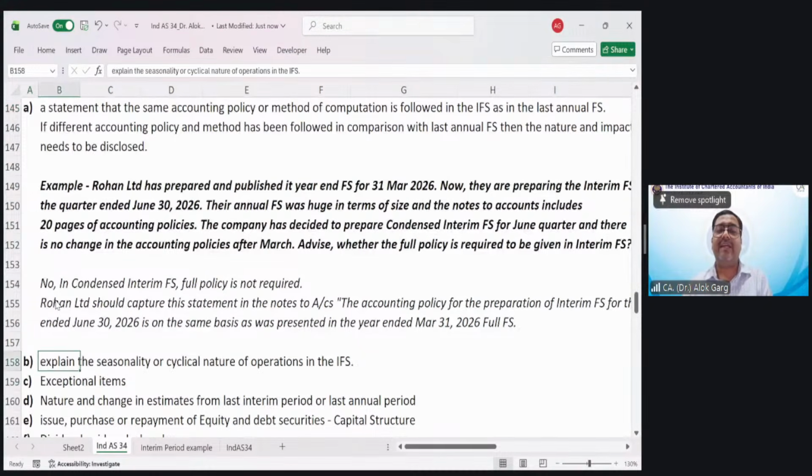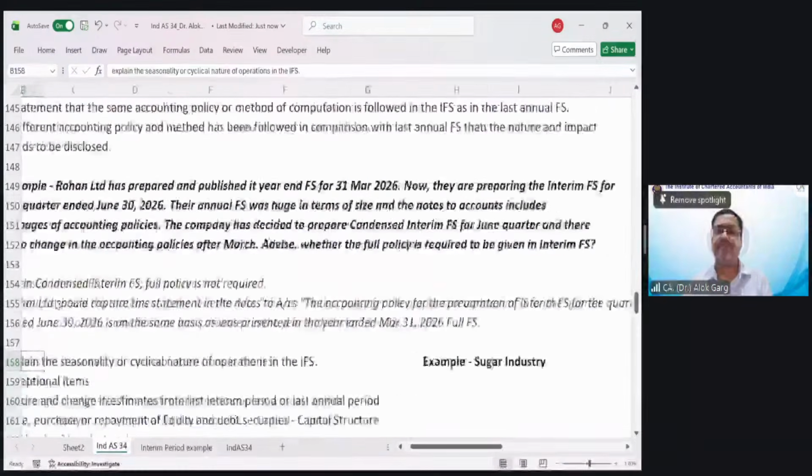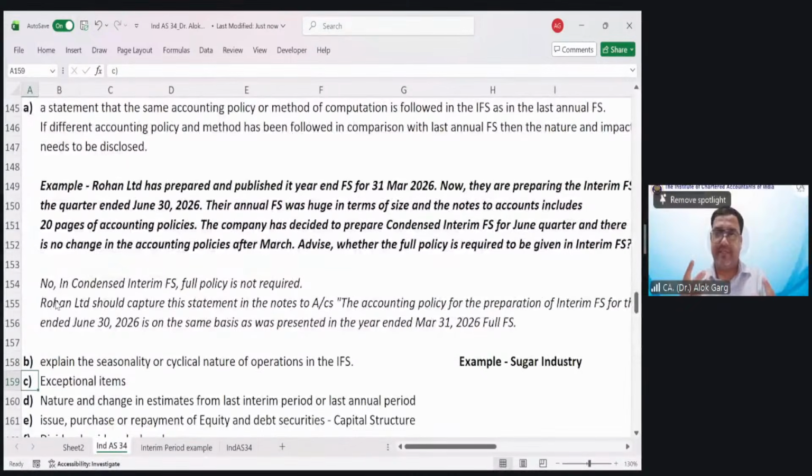Explain the seasonality or cyclical nature of operations in the interim financial statement. Friends, example. What is the example? Sugar industry. You understood the cyclical and seasonal nature of operations? So friends, if the business model or the product of the company is of a seasonal or cyclical nature, it is required to be disclosed, right?